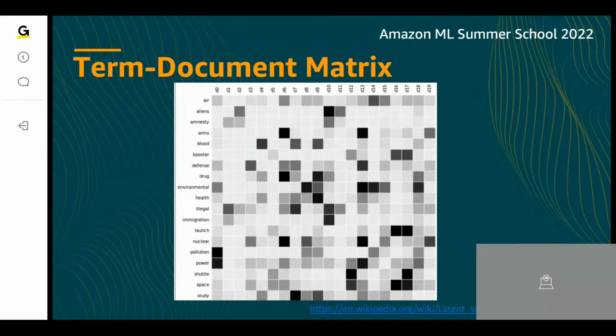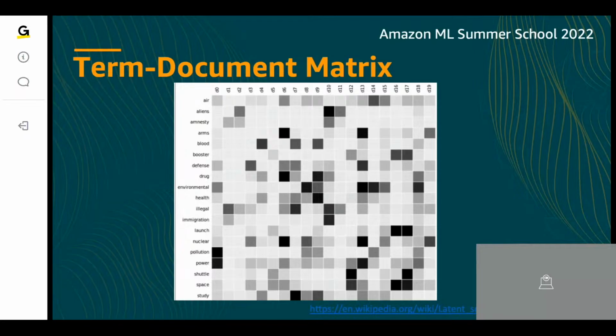Okay, so let's say you had a problem which was related to text. You had a textual problem where the document numbers are represented on the x-axis. This top row notes down the document numbers, and you have individual words.